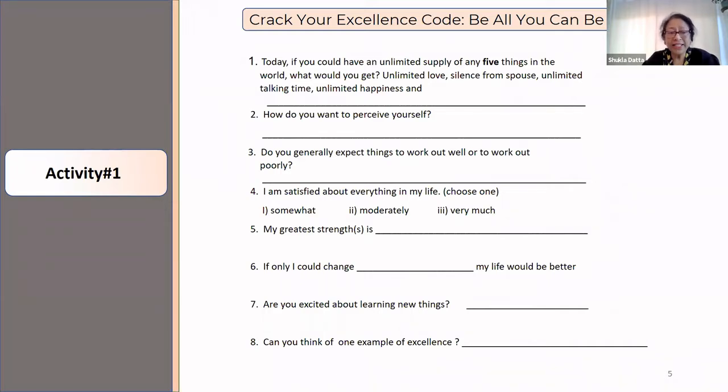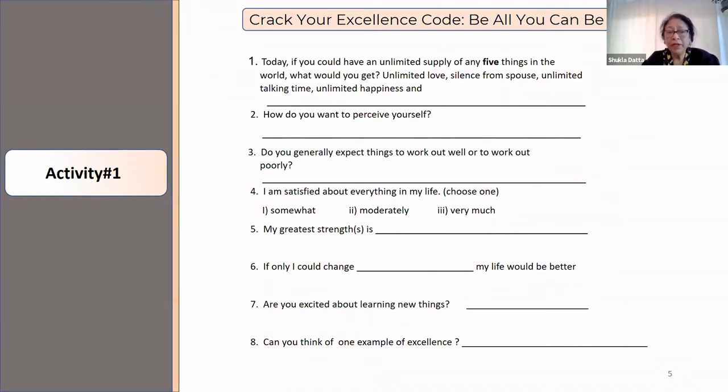Next slide, you can see that we have an activity. I'm sure, and I hope, that most of you have received this activity sheet in your email. I got a couple of interesting answers. Because of the time constraint, I have cherry-picked 3 answers, and I'll share them with you. So let's go with the first question.